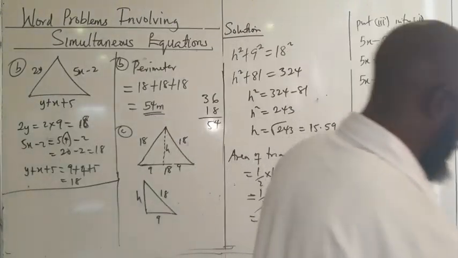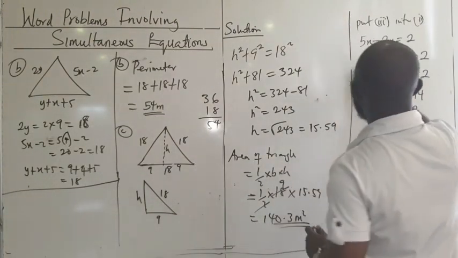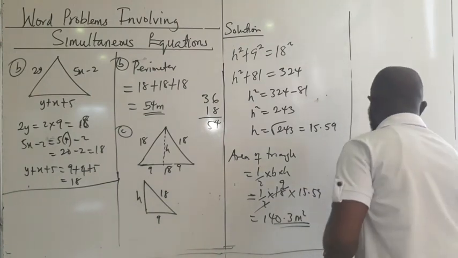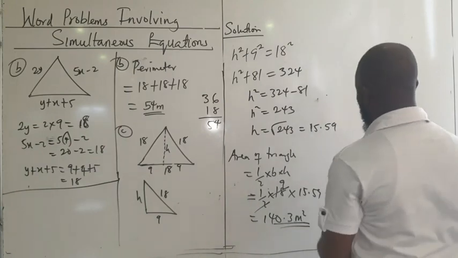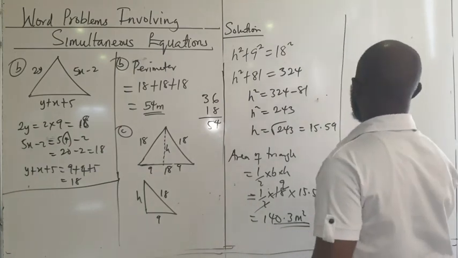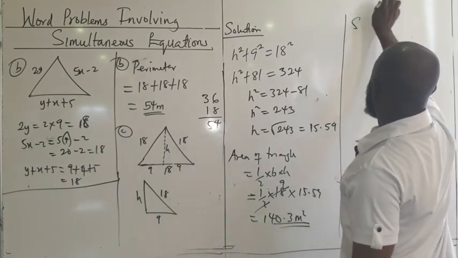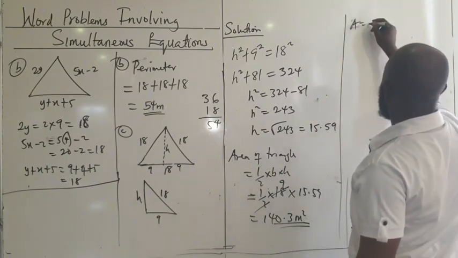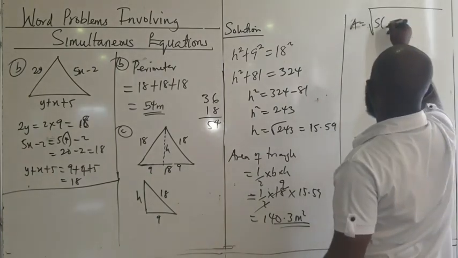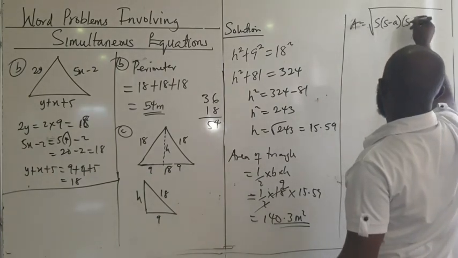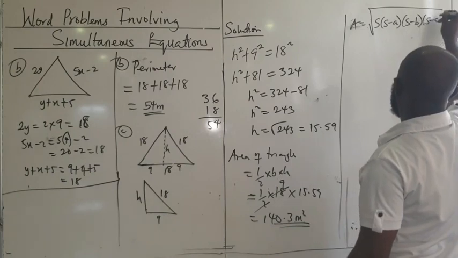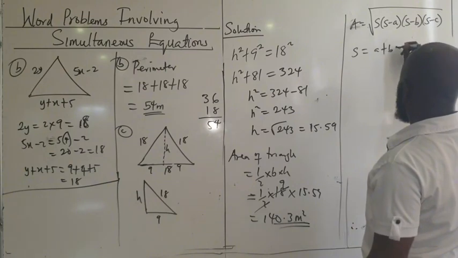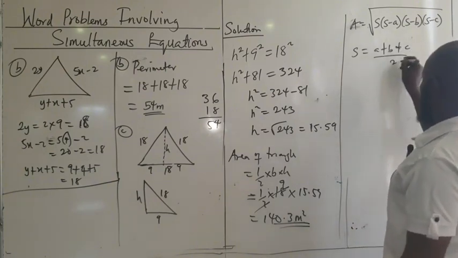But if you want to use Hero's formula, so what we're going to do, Hero's formula is this. Hero's formula is very simple. So the area is the square root of S into S minus A into S minus B into S minus C, where S is A plus B plus C divided by 2.